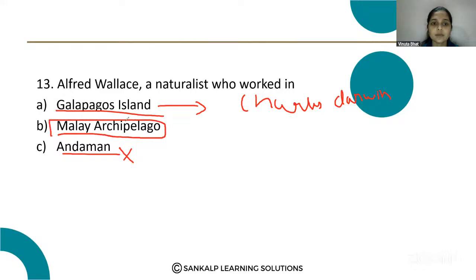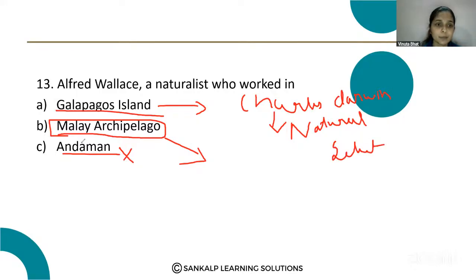So here the scientist Charles Darwin concluded the theory of natural selection and the survival of the fittest by observing the different kinds of organisms and their ancestors. Natural selection he proposed.